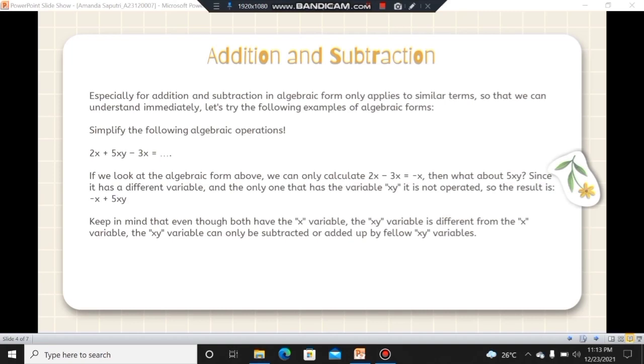Since it has a different variable, xy, it is not a like term, so the result is negative x plus 5xy. Keep in mind that even though both have the x variable, the xy variable is different from the x variable. The xy variable can only be subtracted or added with fellow xy variables.